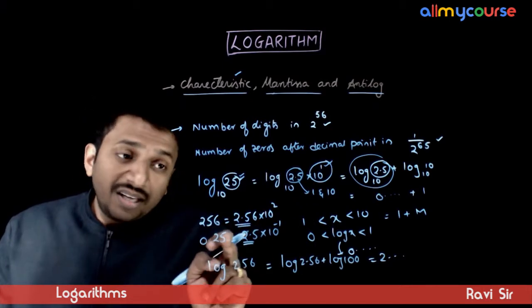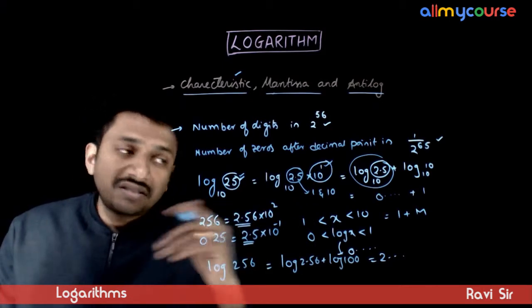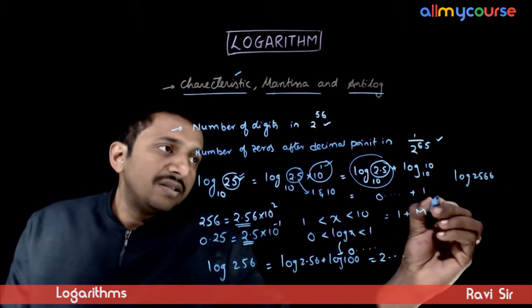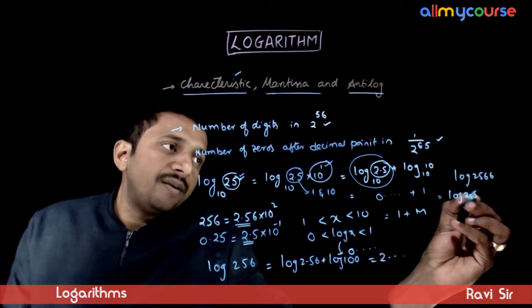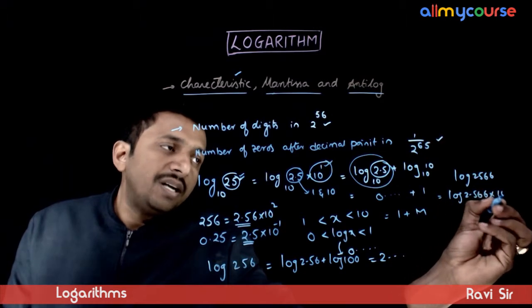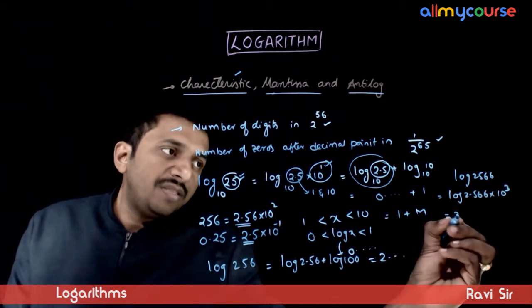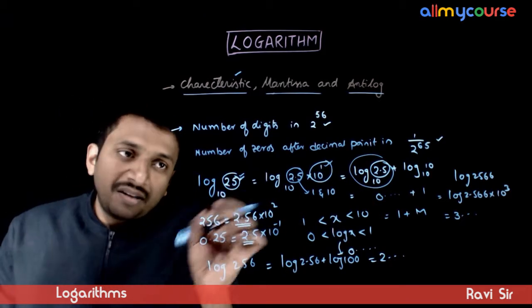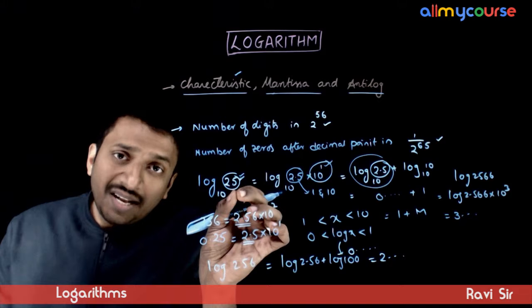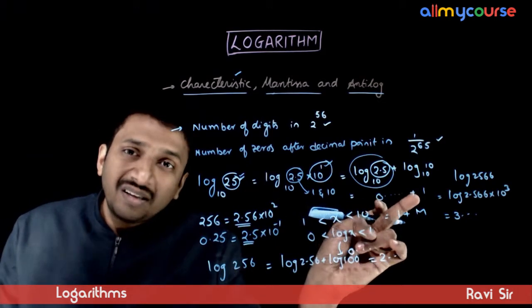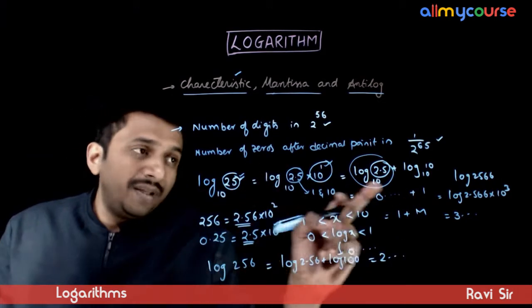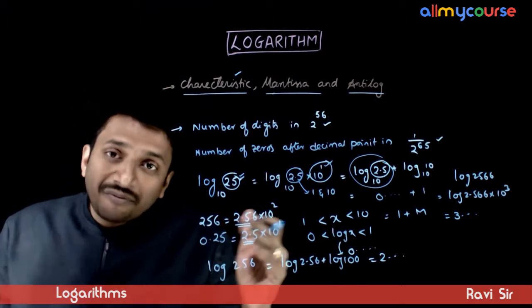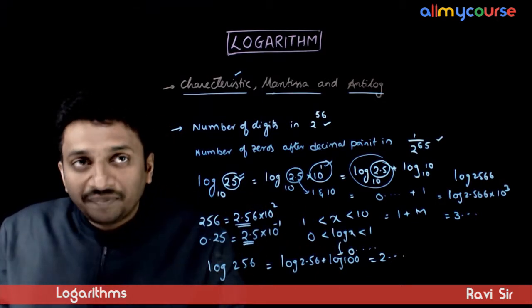If the number is 2566, so log 2566 can be written as log 2.566 into 10 cubed. So this will be 3 point something. Can you see the pattern here? If there are 2 digits, then the characteristic of the logarithm will be equal to 1. If there are 3 digits, then the characteristic is equal to 2. If there are 4 digits, the characteristic is equal to 3.